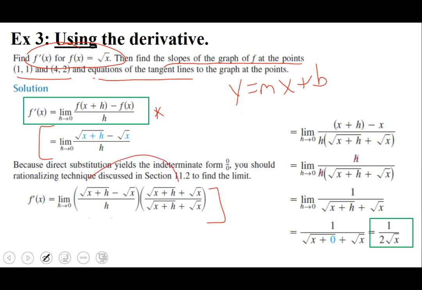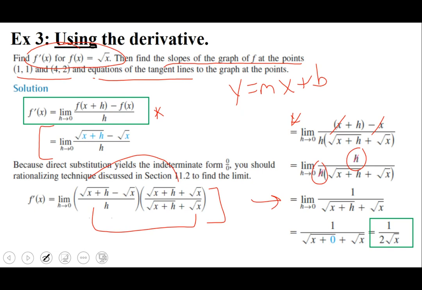So the square root of something times itself just becomes x plus h. A negative times a positive, square root times square root, just becomes minus x. And then of course in the denominator, leave it unmultiplied. Cancel these x's, reduce these h's. Don't forget to have your limit statement. The book obviously doesn't drop it in each step, but if you do, make sure that you put it back in at the bottom.